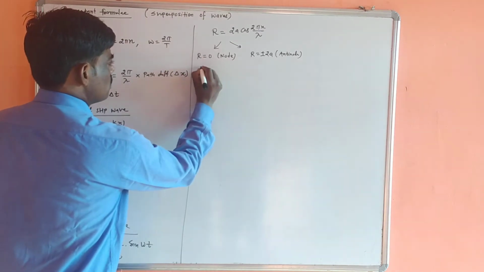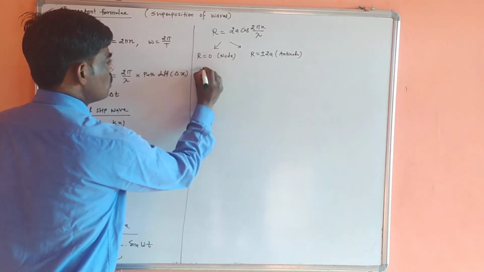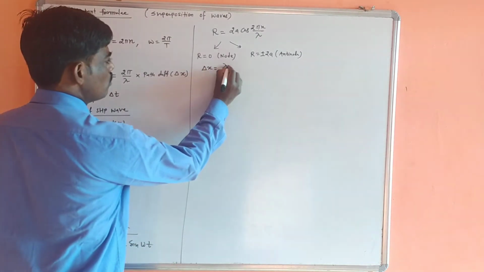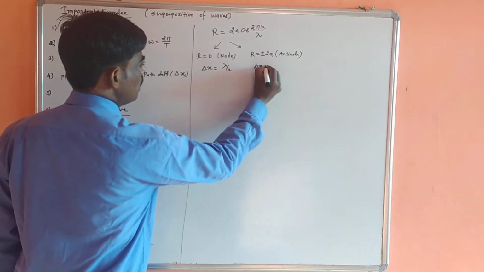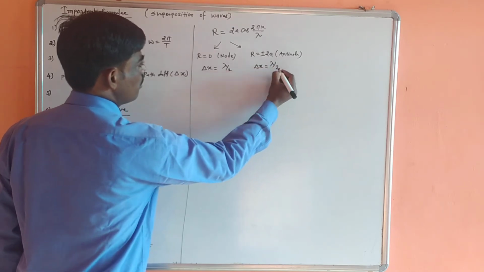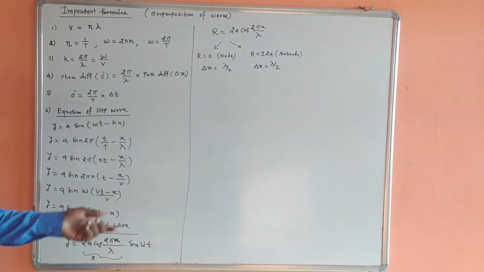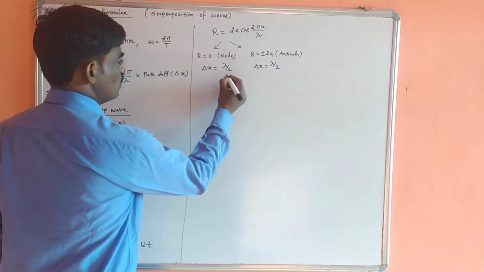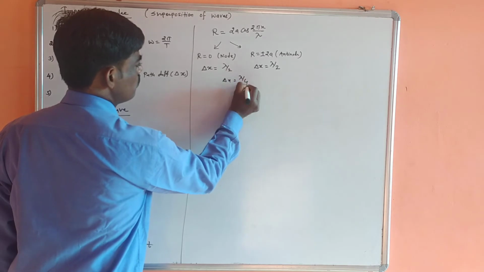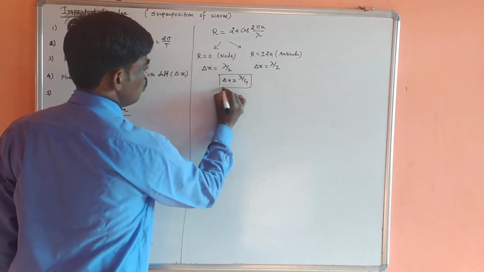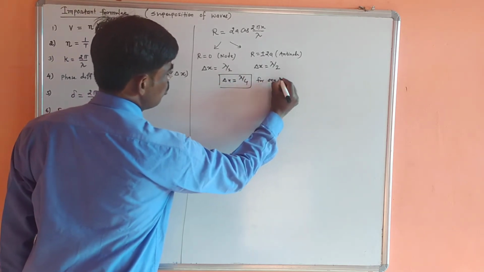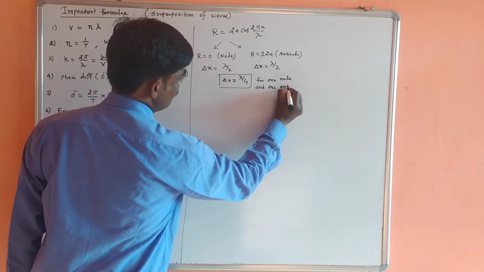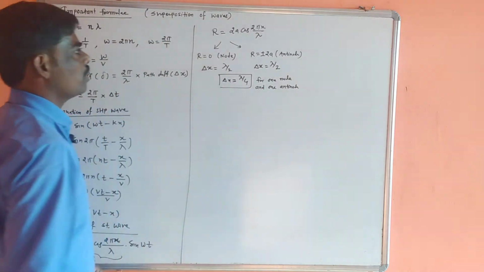So on solving this, we found that the distance between any two nodes del x is lambda by 2, as well as the distance between any two antinodes is lambda by 2. Distance between one node and one antinode is lambda by 4. For one node and one antinode, the distance is lambda by 4.